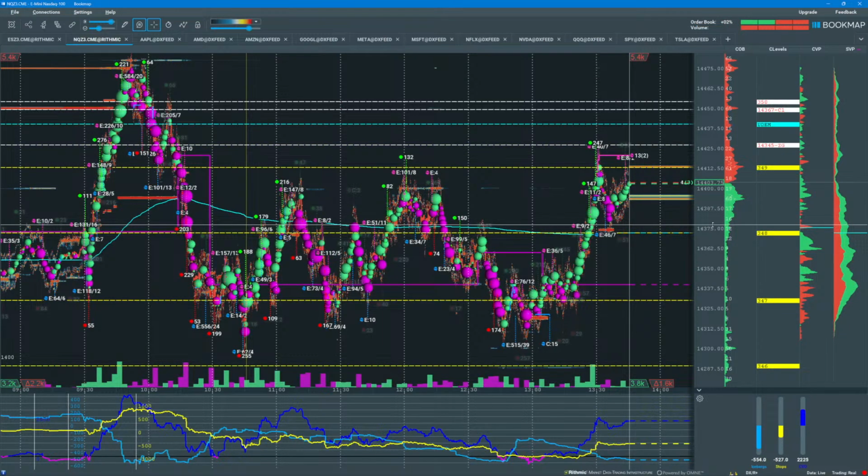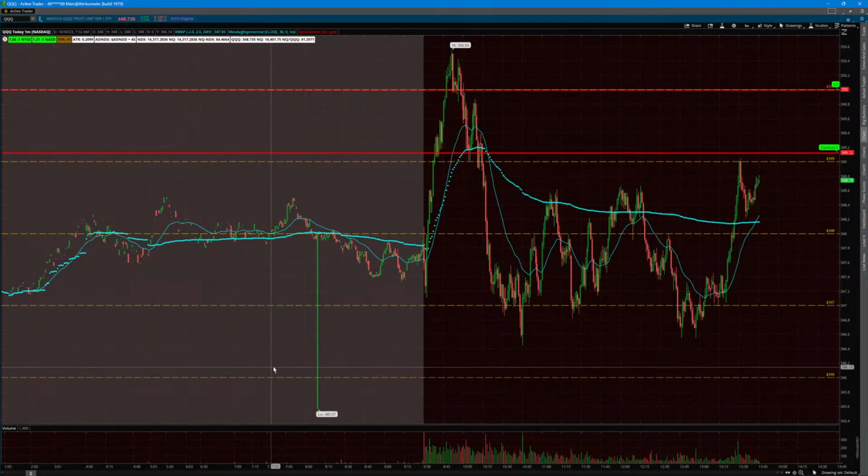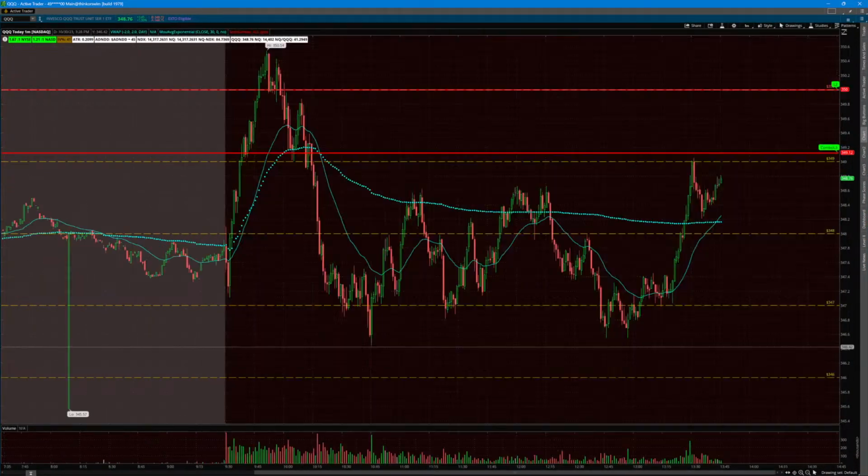Let's just take a quick look at, first of all, a QQQ chart, so we can isolate the QQQ levels in play for today. No strong resistance or support.